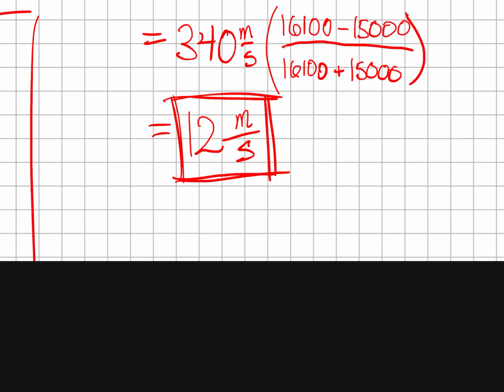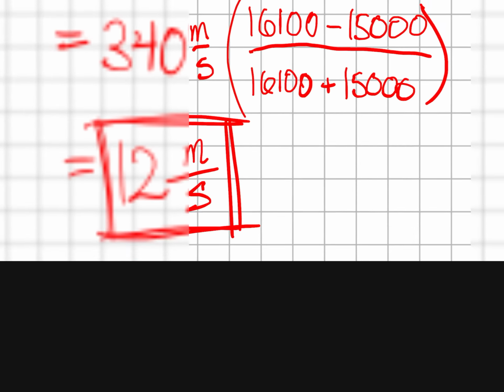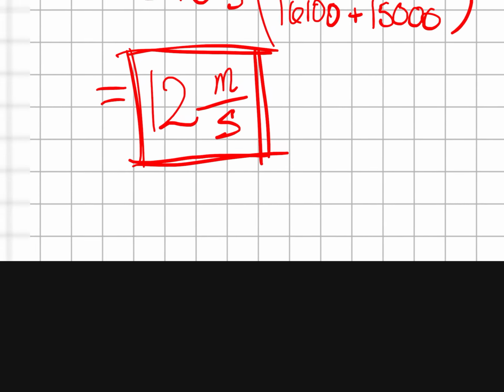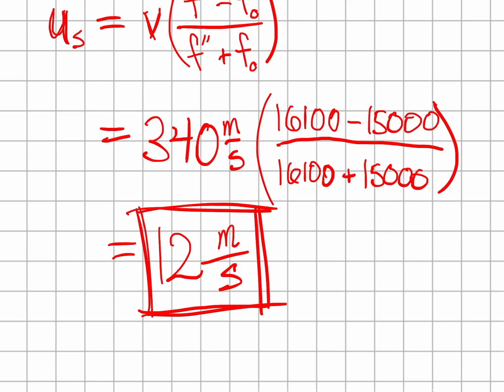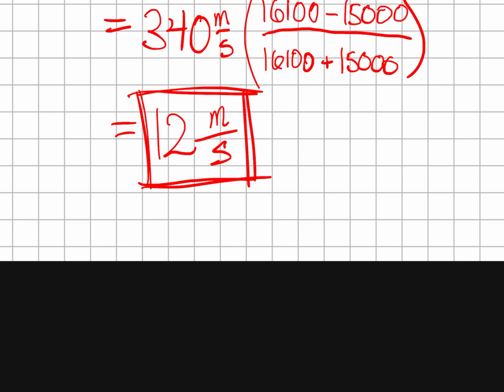Okay, and when we plug those in, we're going to find that this gives us quite a small value, and that is generally what we would expect for sound in air. Your objects moving through air are not usually going to be a significant percentage of the speed of sound.